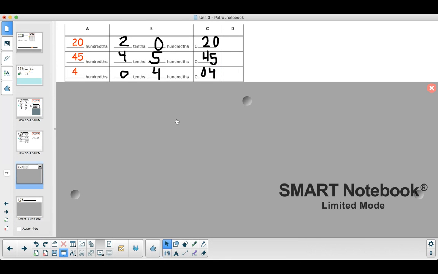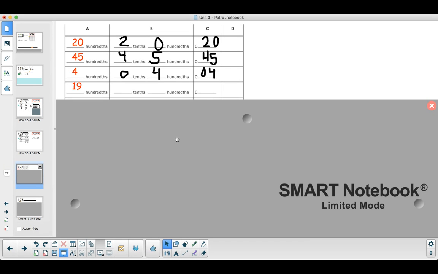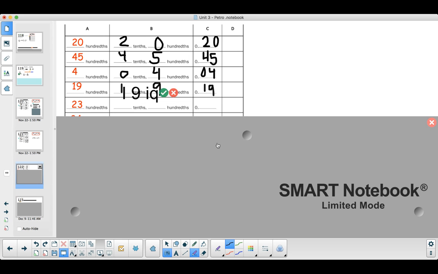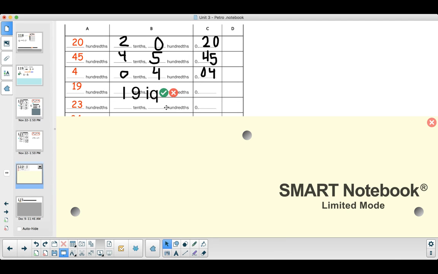Okay, you are going to try this next one on your own. 19 hundredths. Yep, 19 hundredths. You have 1 tenth, 9 hundredths. To write it as a decimal, it would be 0 and 19 hundredths. Try 23 hundredths.